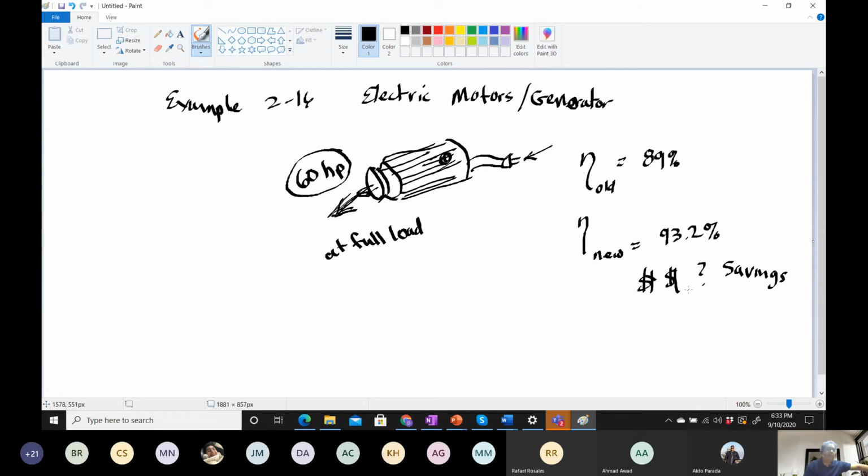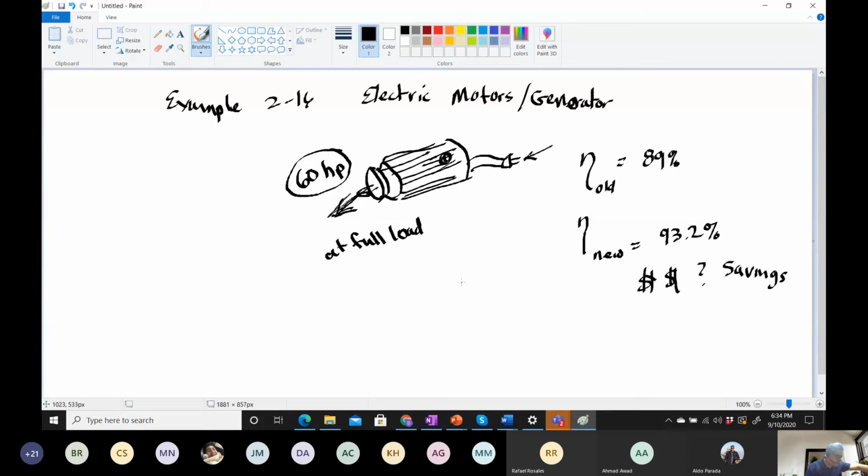Your first assignment, if you work for a company, might be to see if it's worth spending the extra money that this device costs to swap it out with a new one. If it's getting old and it's 89% efficient, swap it out with a new one. How much are we going to save in terms of electricity, and therefore money, right?